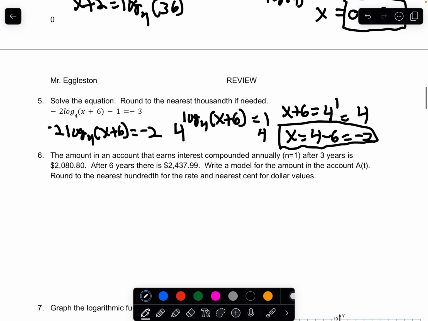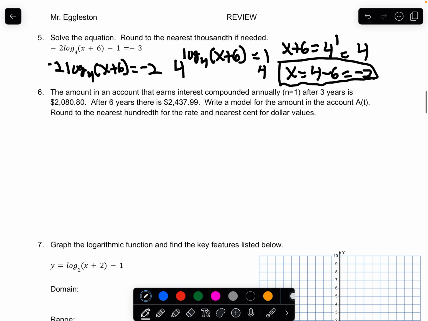Okay. I'll do 6, which is weird. 6 is probably the hardest one on this test. The amount in an account that earns interest compounded annually, n equals 1, after 3 years is, so when t equals 3, the amount in the account A is $2,080.80.